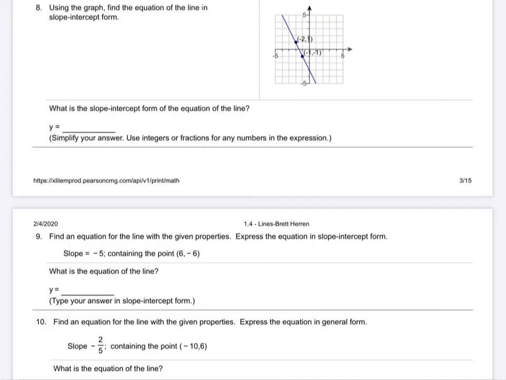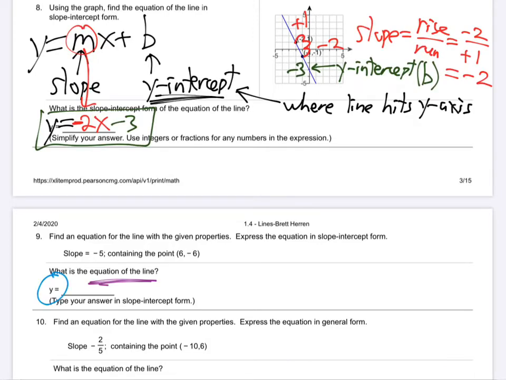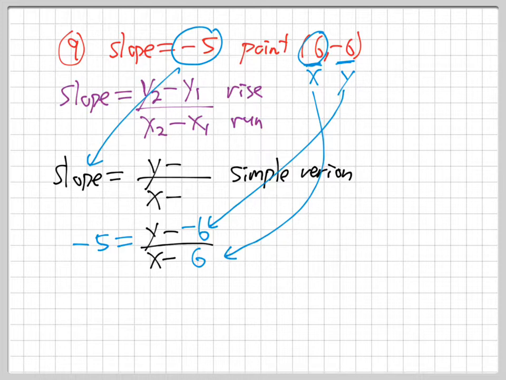Number 9, see how they have y alone right there? So they want me to get y alone, huh? And then I'll be done. So let's go back and do that. So how do you get y alone in that equation? What do you do when you have a whole number on one side and a fraction on the other?